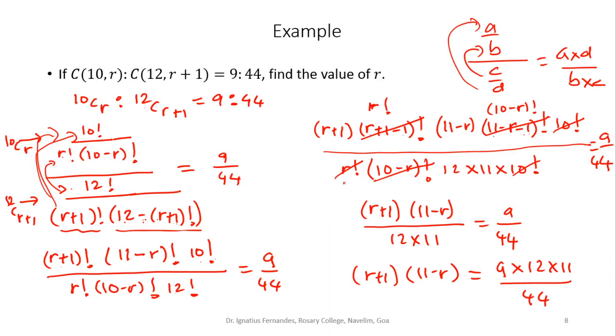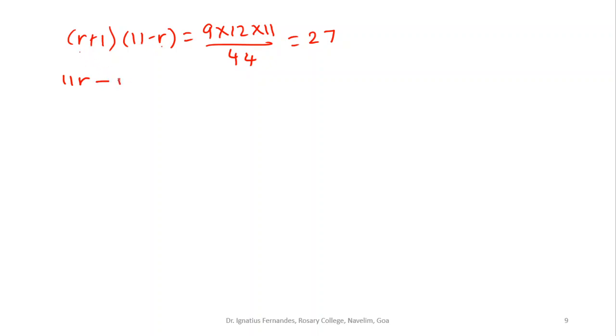So if we cancel out these terms, this right hand side will come to 27, and at the same time I'll multiply these two brackets. So I'll have 11R, R into 11, minus R into R is R square, plus 1 into 11, 11, minus 1 into R is R, and this is equal to 27.